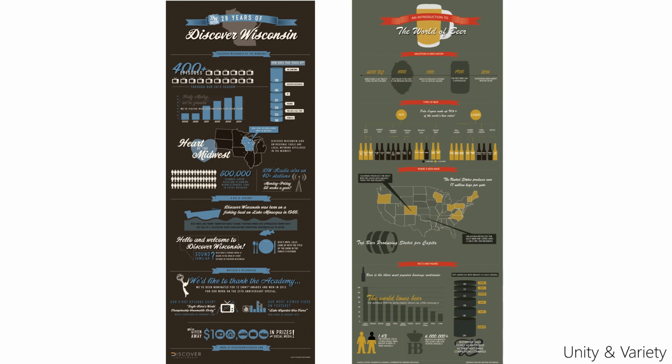So in terms of unity and variety, one way I unified my work was by utilizing those subheading banners you see, those square shapes with the dotted lines across the top. I think that did a good job of creating individual sections, really showing people where one idea started and one idea ended.